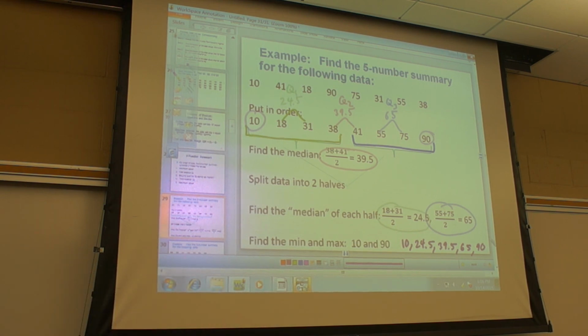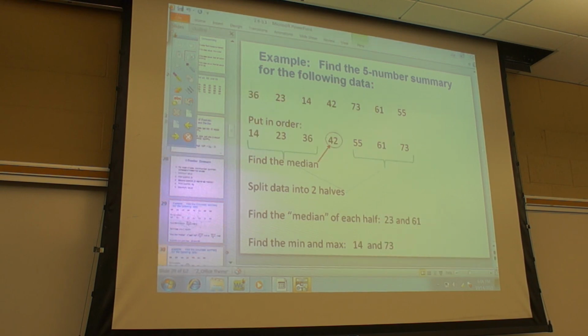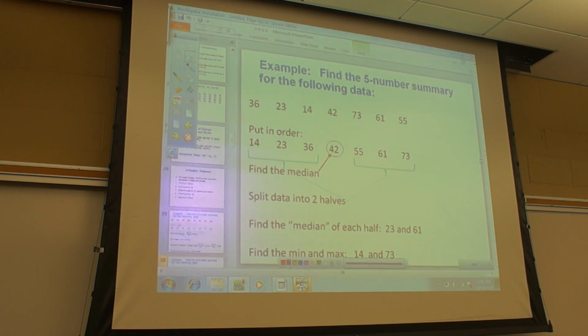Here's another one. There's a lot of different ways of doing this. This time, I can't split it perfectly in half. I have that odd one in the middle. So I'm going to ignore it, and find my lower and upper half, ignoring it. So then my lower half, there's just one in the middle, that's my Q1.